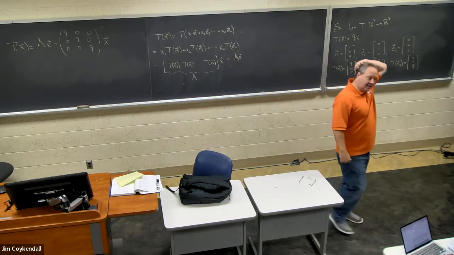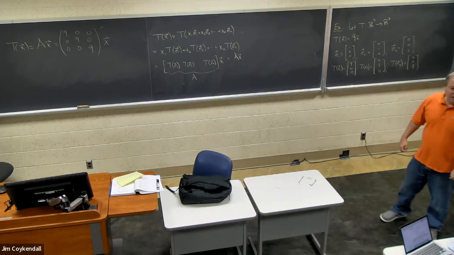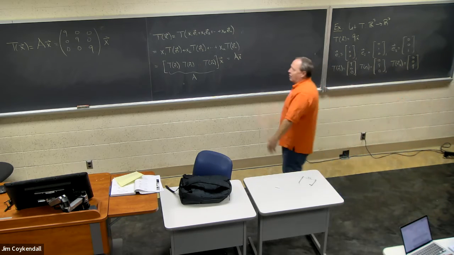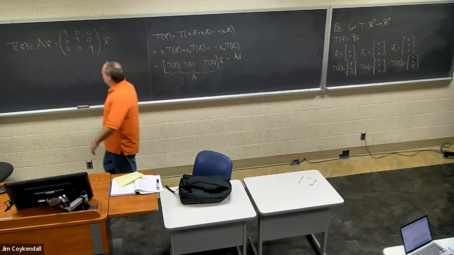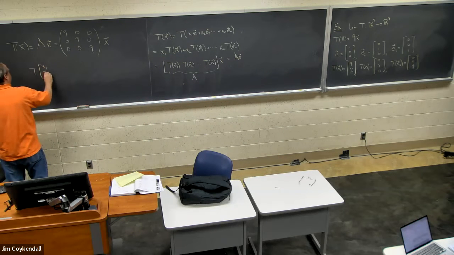Notice that this is 9 times the identity matrix, and this is not a coincidence. And let me just kind of hardcore write this out so that we can actually see what happens.